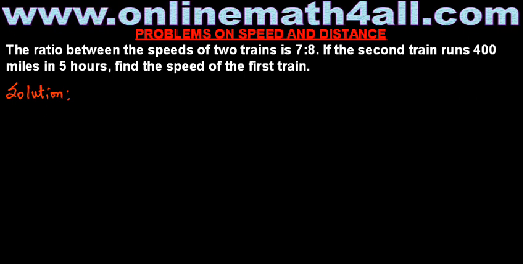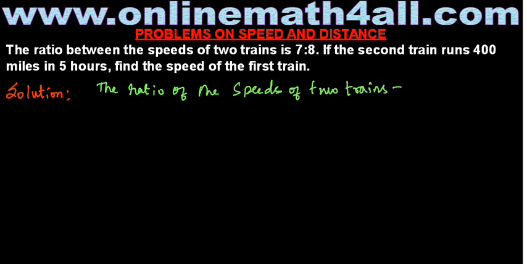Okay, now what I'm going to do is, the ratio is given, the ratio of the speeds of two trains, clearly given, that is 7:8. So here we have two trains, and the ratio of the speeds of two trains is 7:8.